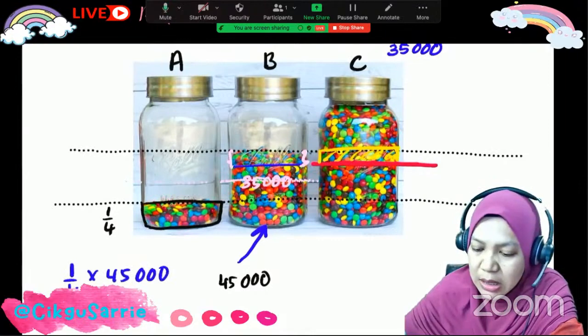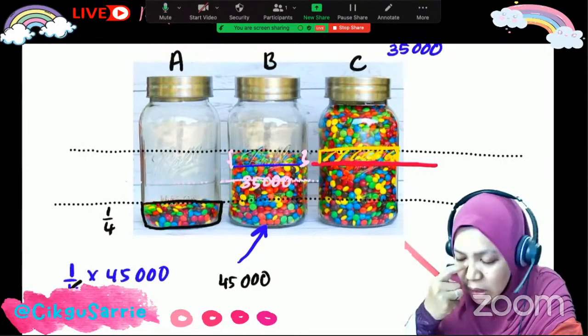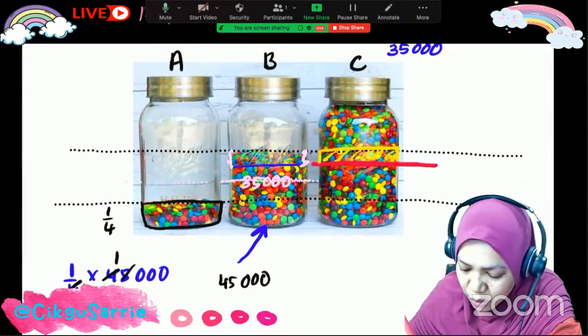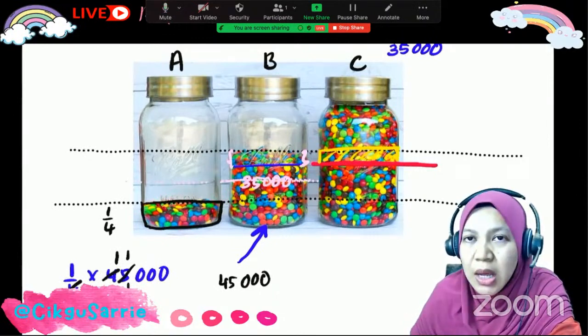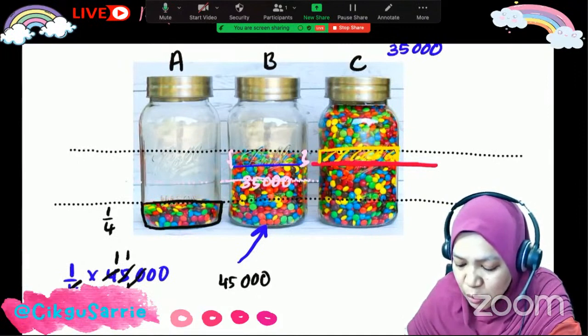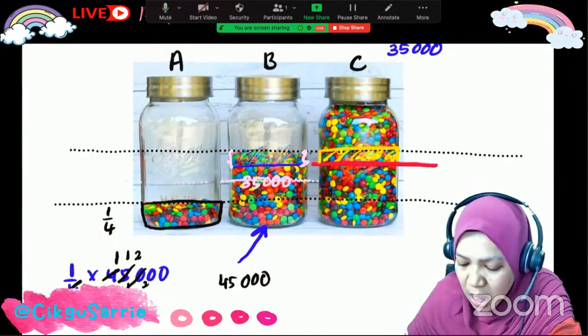Now we can simplify this. 1 pairs with 0 will be 10. So 4 times 2 will be 8, and the remainder will be 2. 2 pairing with 0 will be 20, and this one will be 5, and this one 10.